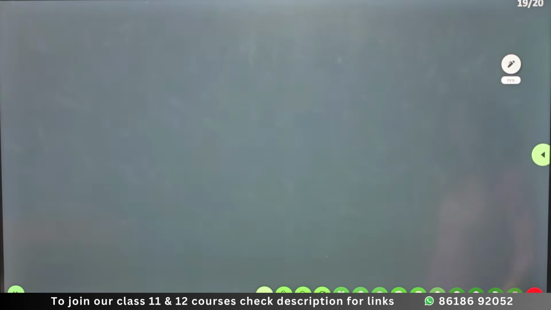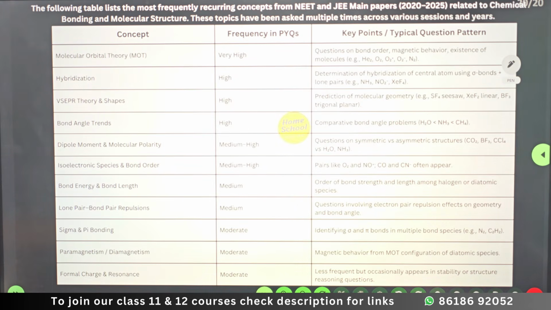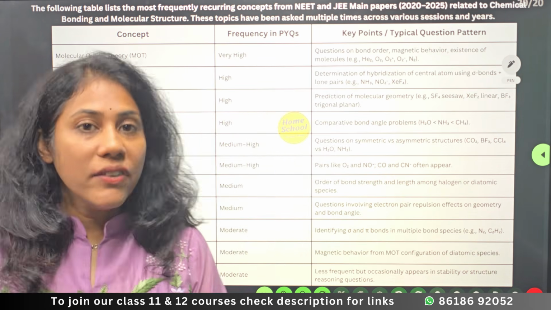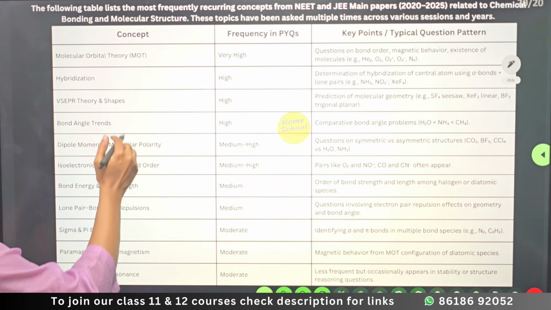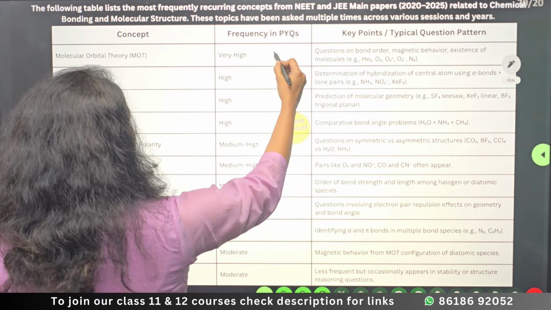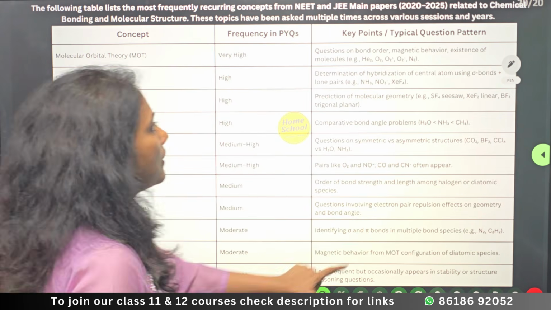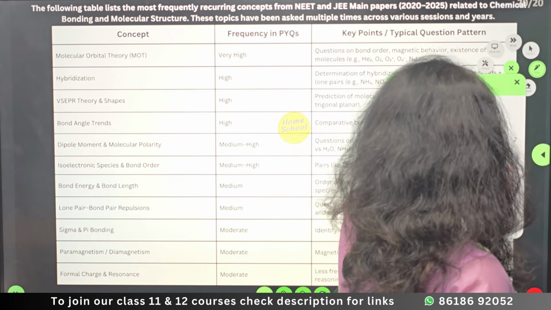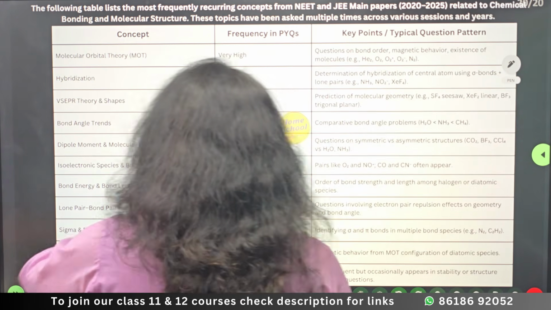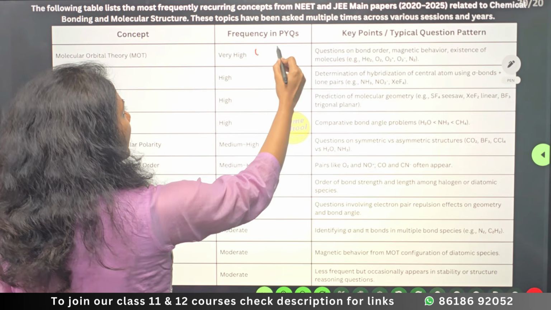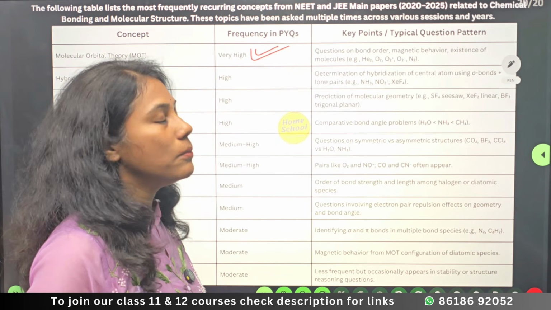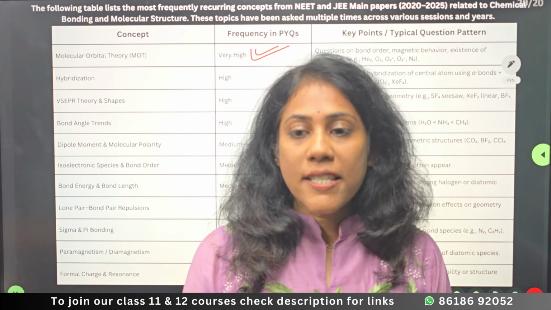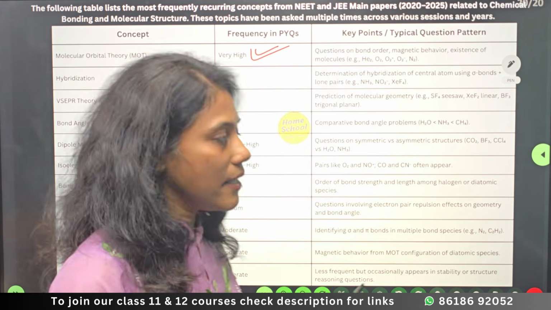And finally, I would like to show you a few points that I have collected looking at the previous year papers, guys. See, molecular orbital theory, frequency of asking questions is very high here. Most of the questions when you look into previous years, the concept that was continuously being asked is MOT.